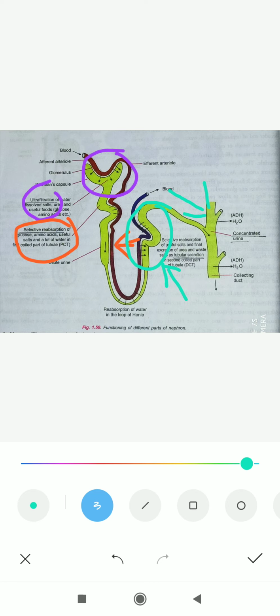In the collecting duct, the fourth step is performed, and that is concentration of urine. If the amount of water is less in the body, then water is not secreted into the renal tubule and concentrated urine is passed out.